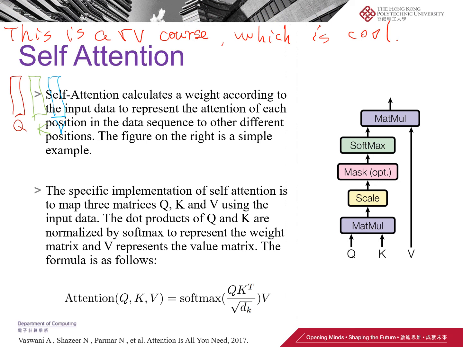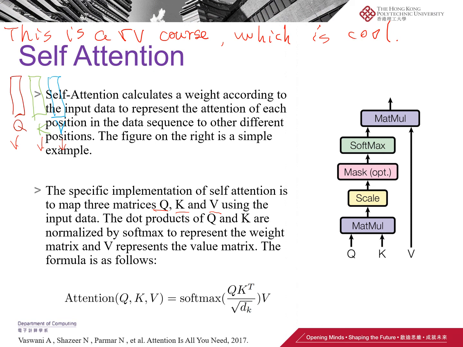The reason we're having that setting is because sometimes one word will be used as a query word. This is what Q stands for. Sometimes it will be used as a keyword. Sometimes it will be used as a value. That's what the 3 letters stand for. So in natural language processing, it happens a lot. We are using it as a query to search the keywords, and the keywords will be mapped to a set of values.